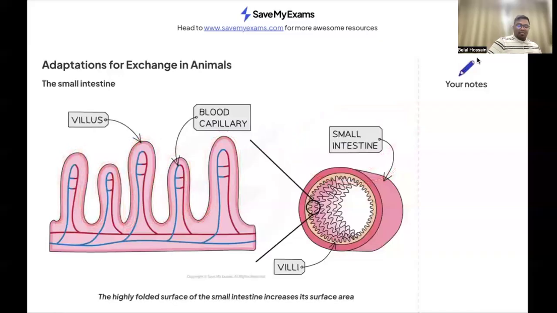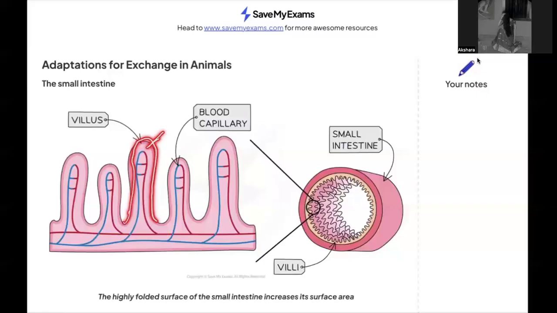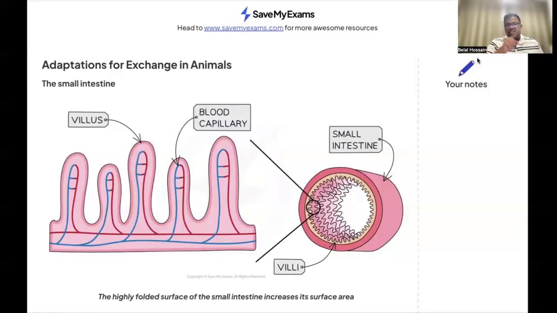Basically, villus is a singular term, meaning this single protrusion here. This finger-like projection, see, it looks like a finger. Since it looks like a finger, that's why it's called a villus.